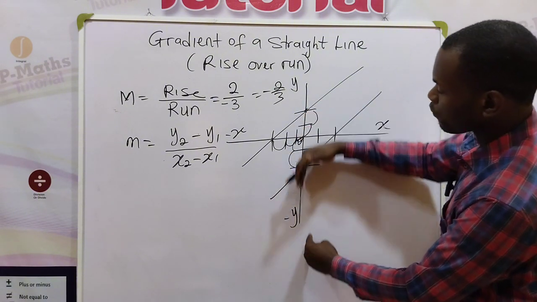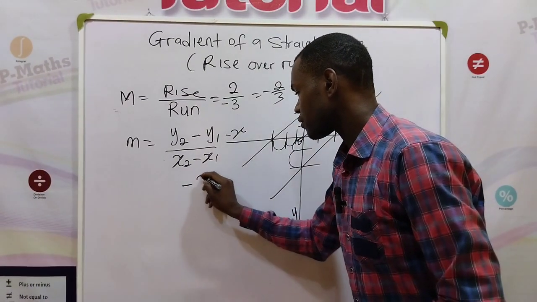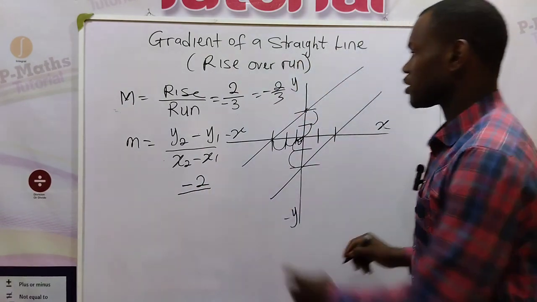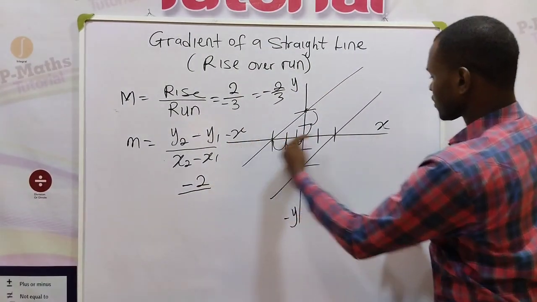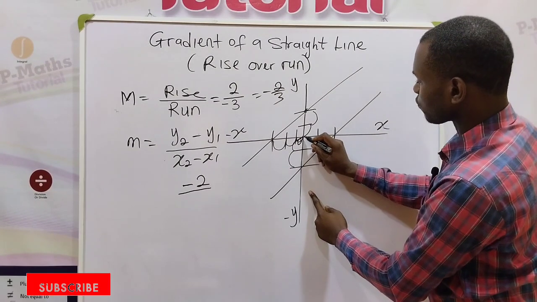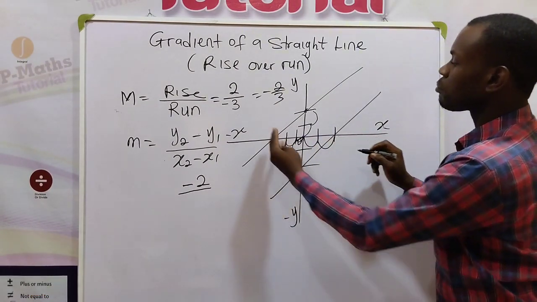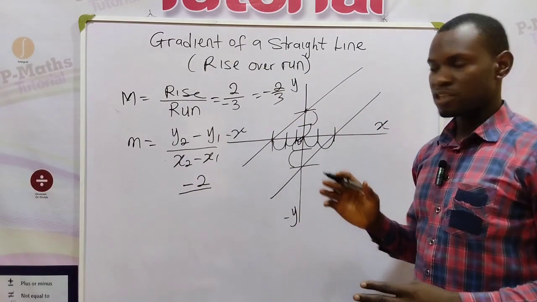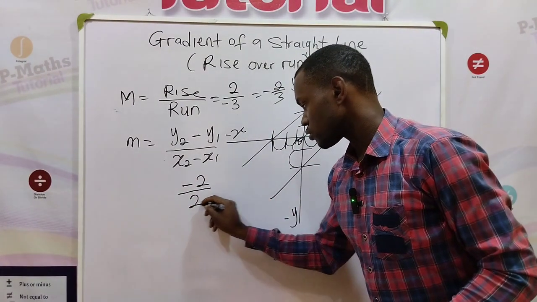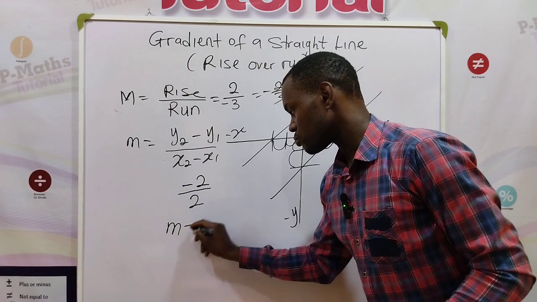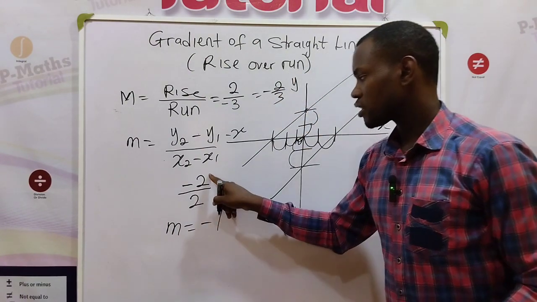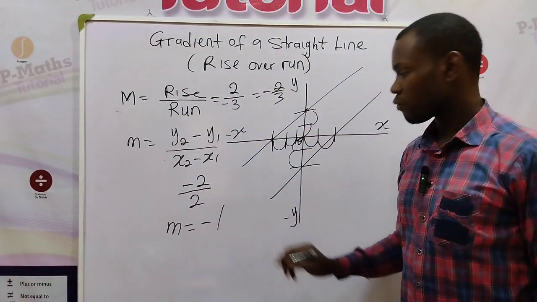Now because I am moving down, I have a negative 2 over, then we run on the x-axis. So from the origin as well, I'll move to the right 1 and 2. Moving to the right gives me a positive value. So this is a positive 2. Therefore, my slope is going to be what? Negative 1. Negative 2 by 2 is negative 1.